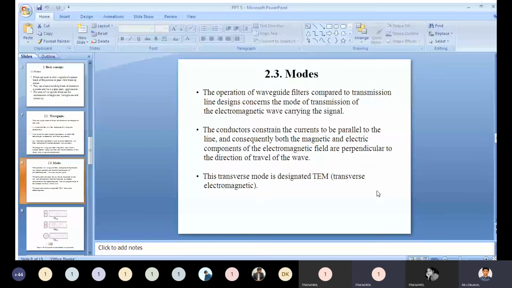See, the conductor constrains the current to be parallel to the line, and consequently both the magnetic and electric components of the electromagnetic field are perpendicular to the direction of travel of the wave.